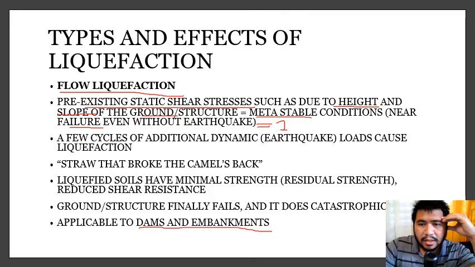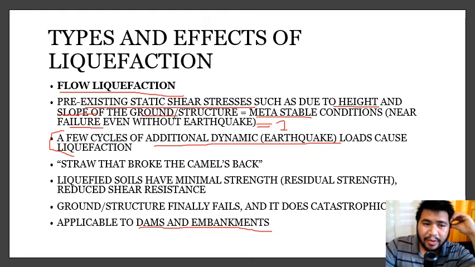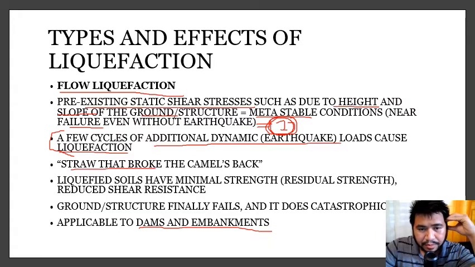Now when you have an earthquake, just a few cycles of additional dynamic loading from an earthquake can cause liquefaction. And when you get liquefaction, since your structure is already near failure, or has a relatively low factor of safety against instabilities, you're just basically triggering the failure of the slope by causing liquefaction.